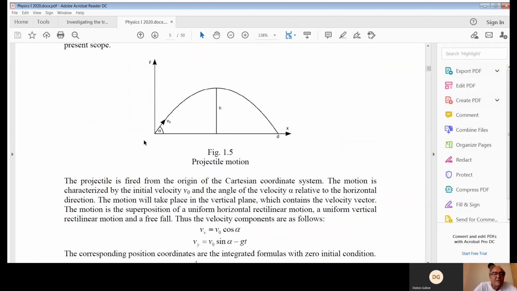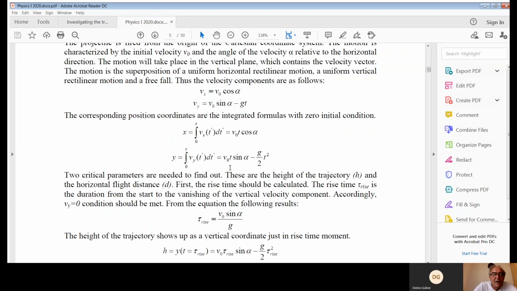In other words, from the start to the top. Because here the vertical component vanishes. The vertical component is turning from up to down, and here the vertical component is 0, and it has only a horizontal component.